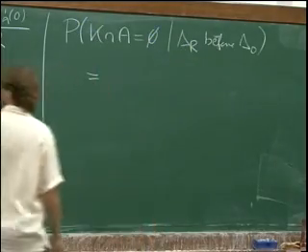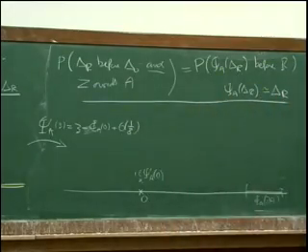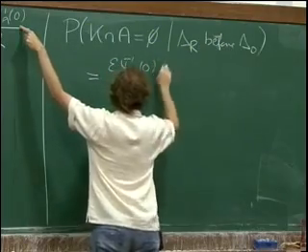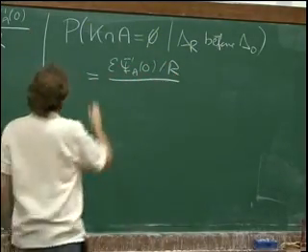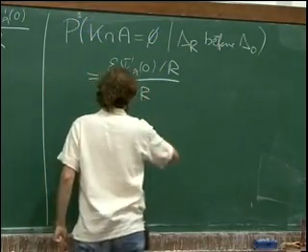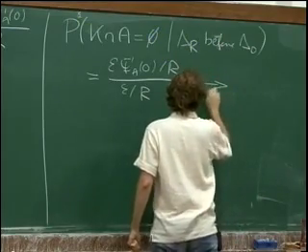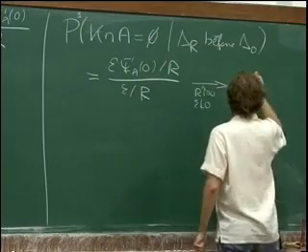The intersection is what we have here. So that's epsilon psi prime A of 0 divided by r. And you divide by the probability of the conditioning event. This is from i epsilon. This is epsilon over r. So this, as r goes to infinity and epsilon goes to 0, just converges to psi prime A of 0.